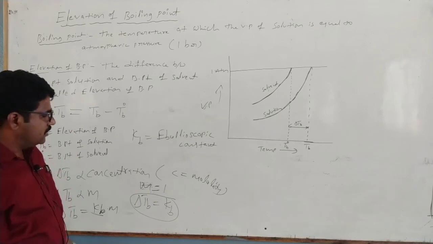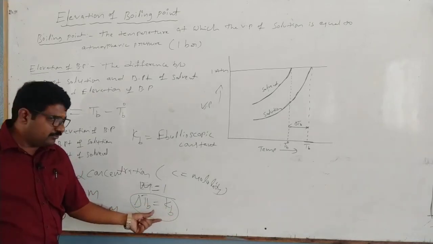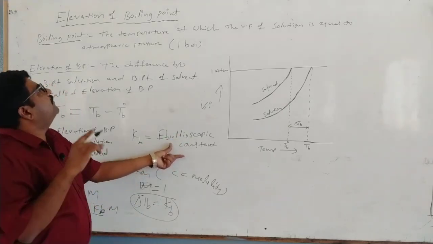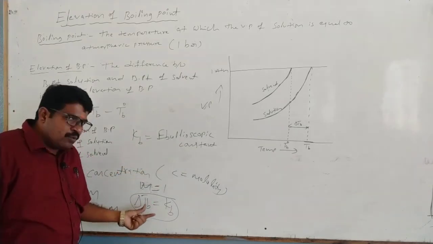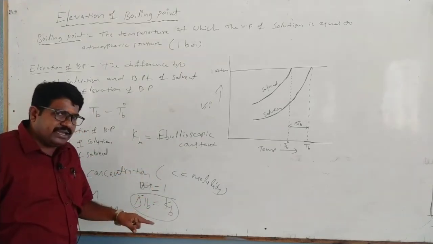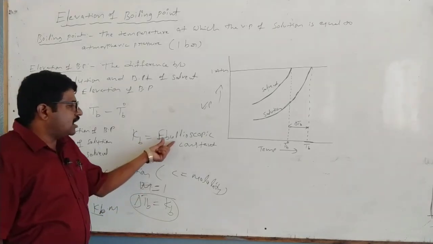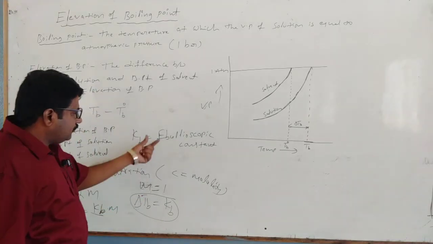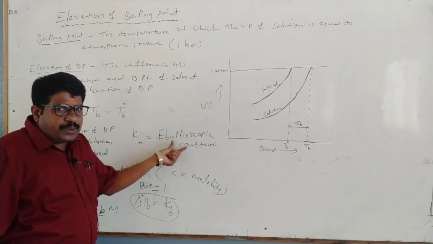That is called the ebullioscopic constant. So here Kb is called the ebullioscopic constant.